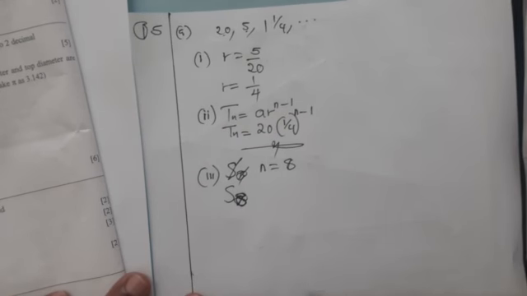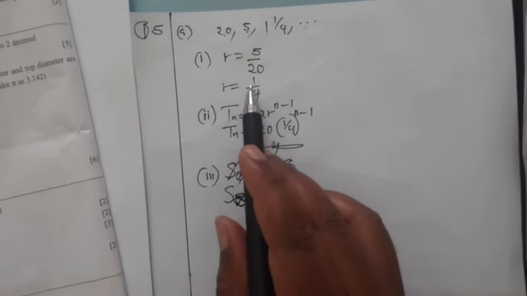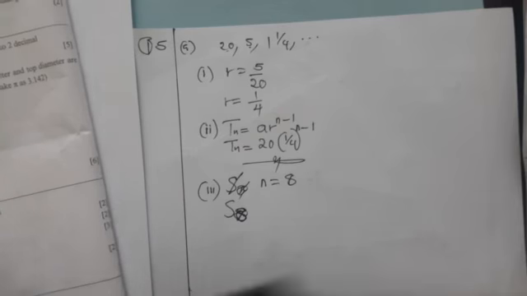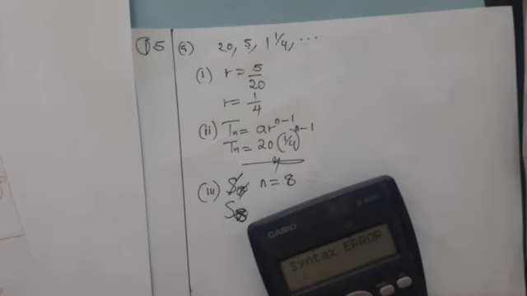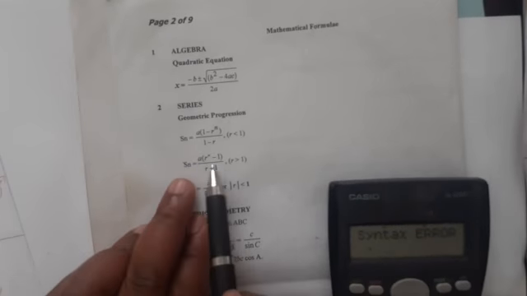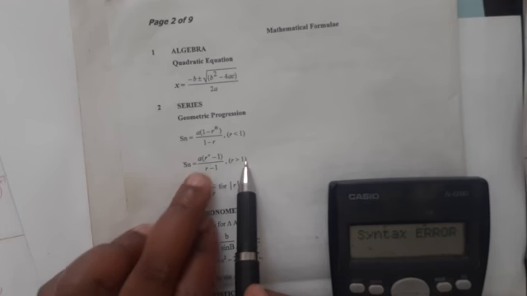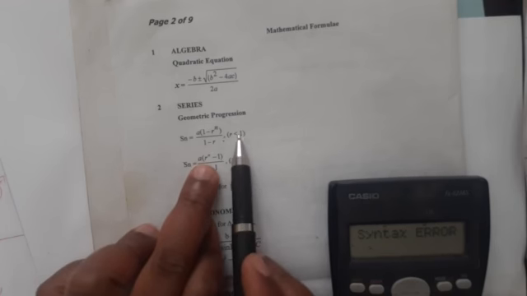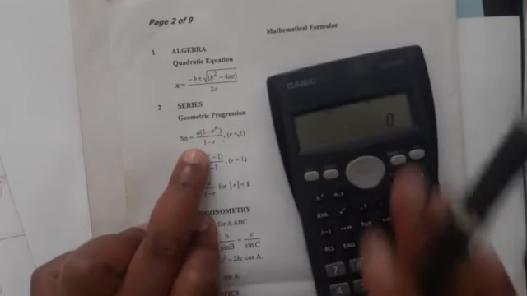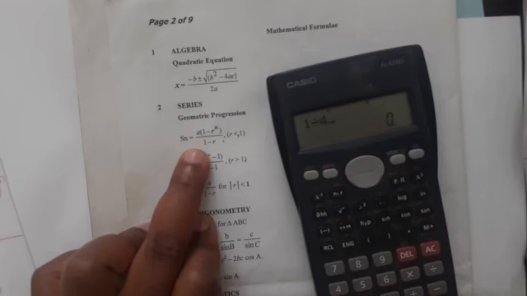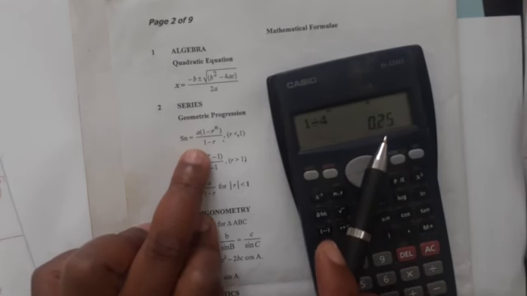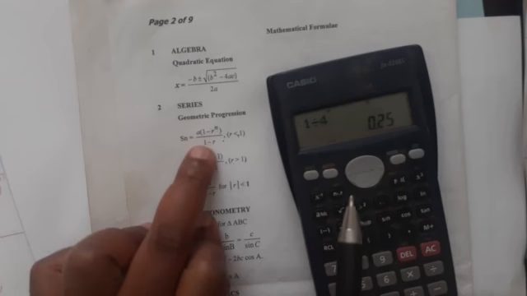Now, we need to look at the R. When you look at that, there are these formulas that you must know. Alright? If R is greater than 1, we are going to use this one. If R is less than 1, we are going to use this one. Now, our R is 1 divided by what? 4. This is less than what? 1. So we are going to use the first one here.